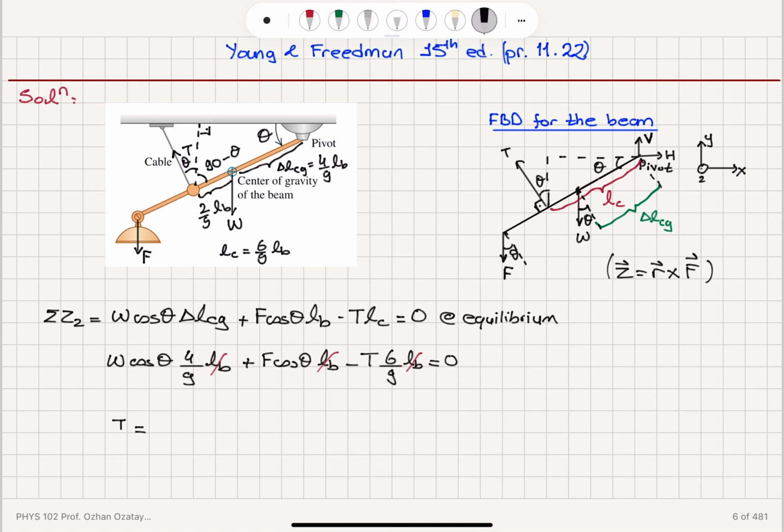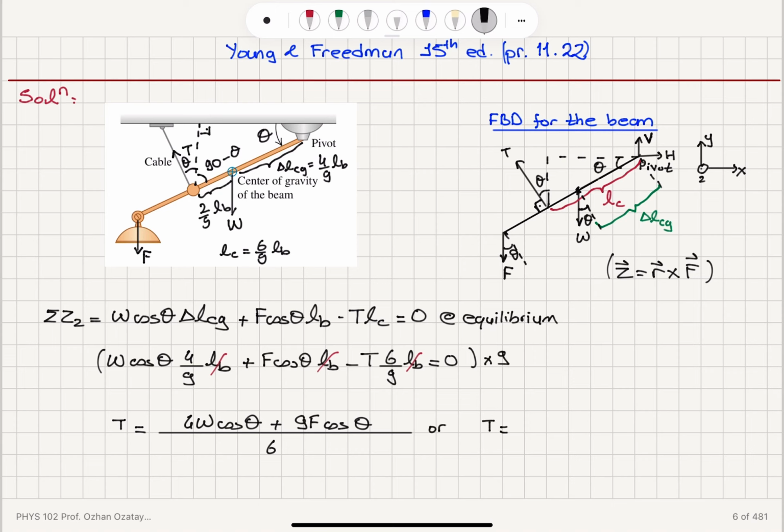You can see that I can multiply this equation with 9, and you will see that this will become 4W cosine theta. This is 9F cosine theta, and this is minus 6T. So let's multiply this with 9. So I obtain 4W cosine theta plus 9F cosine theta divided by 6 for the tension, or I can write this in cosine theta parentheses.